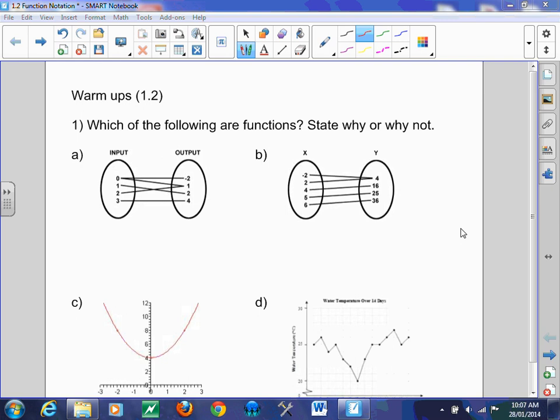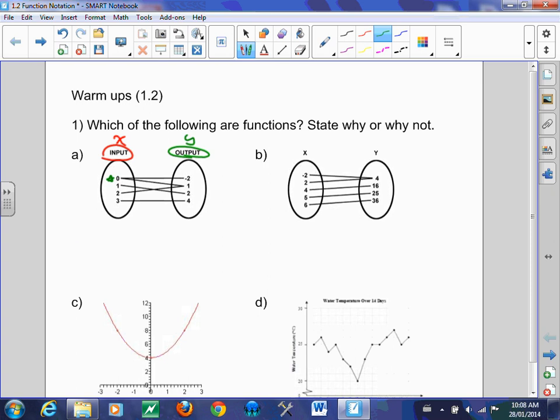Which of the following are functions? State why or why not. Looking at the first one, this is a mapping diagram where you've got your input, which is an x, and your output, which is really a y. Does each x have its own y? Looking at when x equals 0, there are two y's.